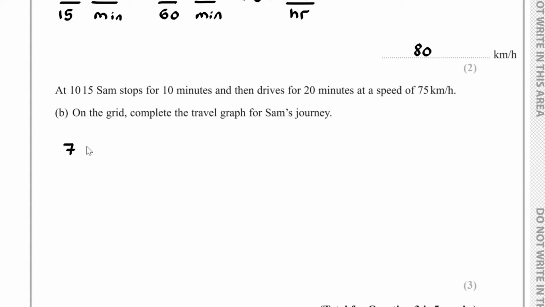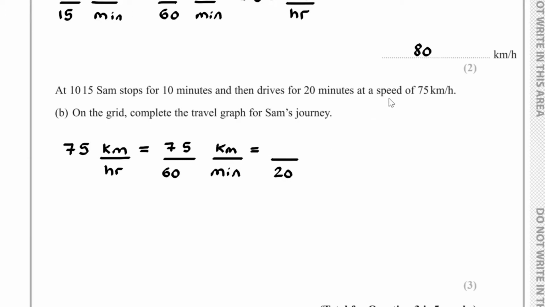So 75 kilometers per hour, well, what this is the same as is 75 over 60 kilometers per minute. And what we want here is every 20 minutes.